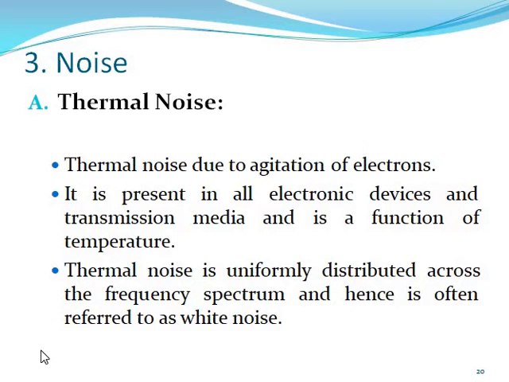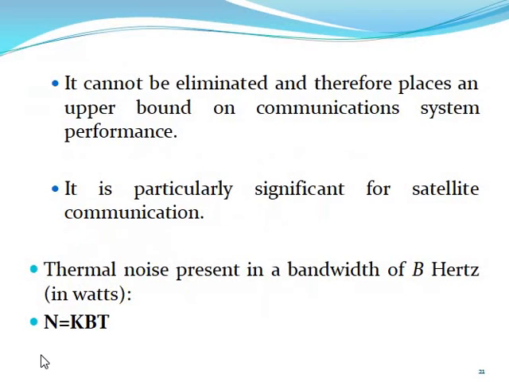Thermal noise is uniformly distributed across the frequency spectrum and hence is often referred to as white noise. It cannot be eliminated and therefore places an upper bound on communication system performance. It is particularly significant in satellite communication. So we can calculate N equal to kTB.